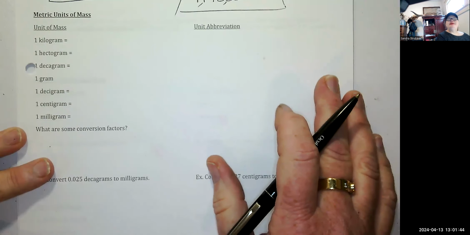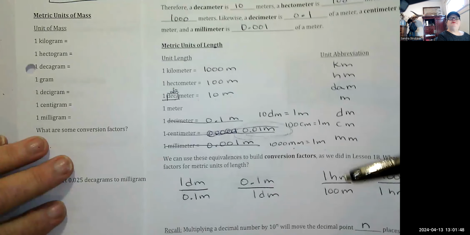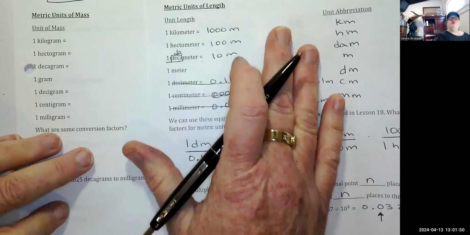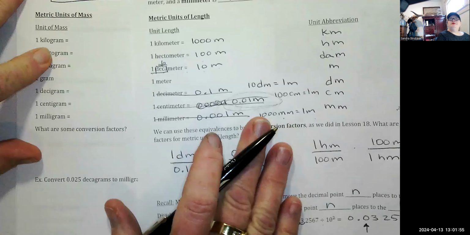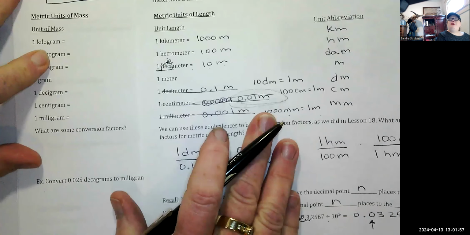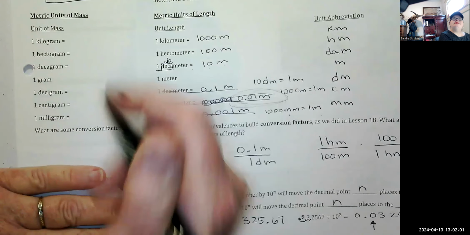These are all going to be the same exact numbers. So I'm just going to come over here and redo the same numbers, because whether it's a gram, a meter, or when we get to the next one a liter, they all have the same prefixes, and the prefixes all mean the same things.